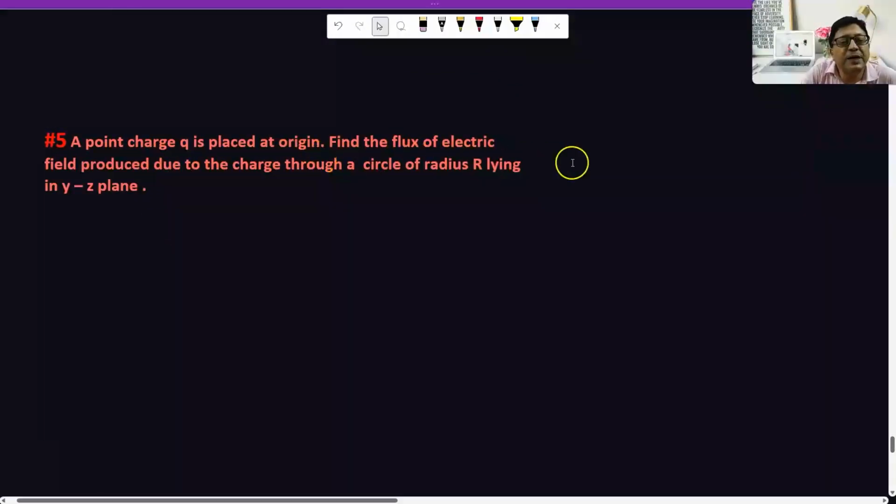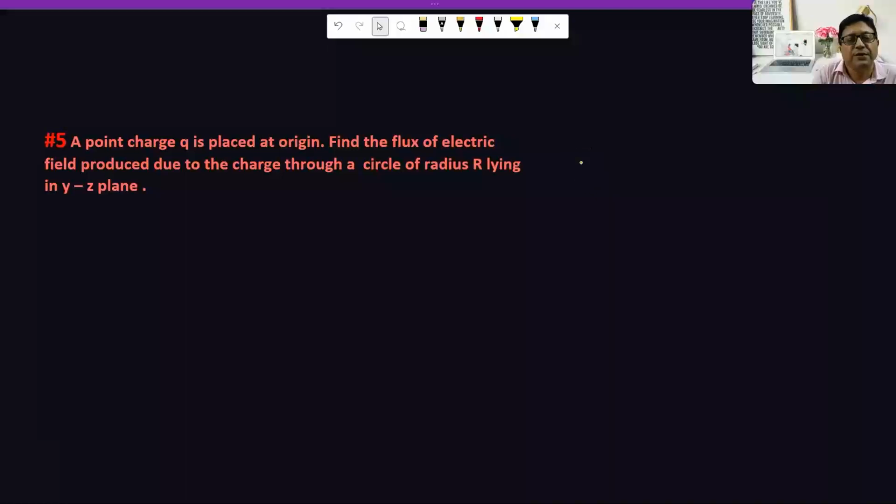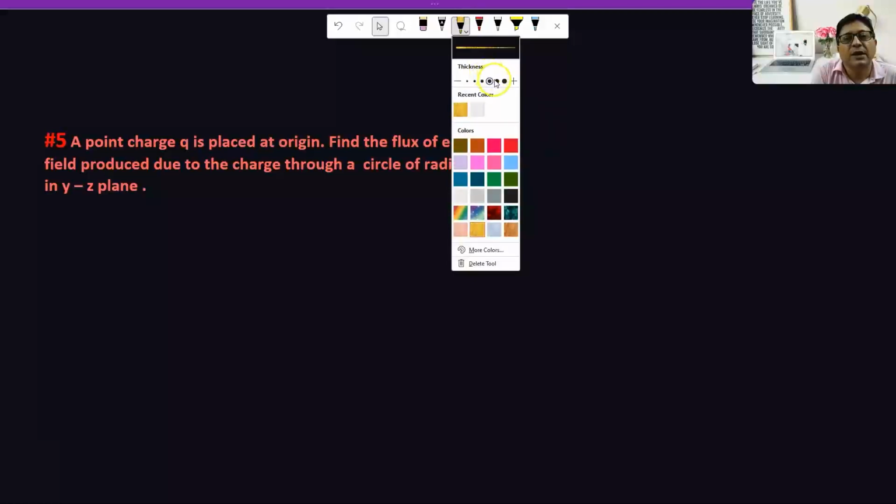Point charge Q placed at origin. Find the flux of electric field produced due to the charge through a circle of radius r lying in the yz plane. Okay.